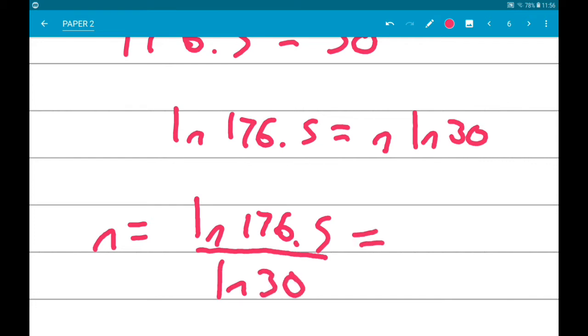Okay, now we want that to 3 sig figs, so that is going to be 2.08.